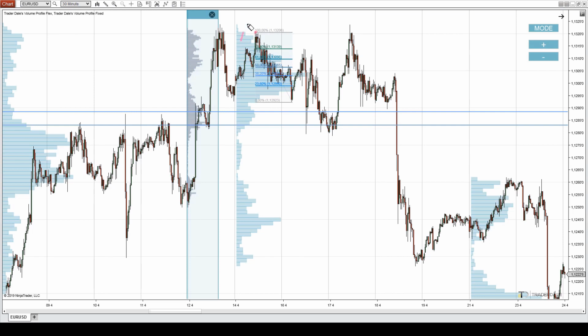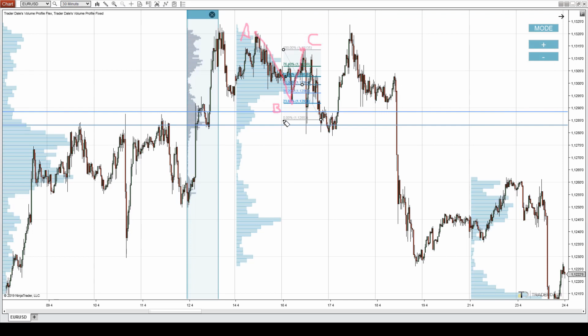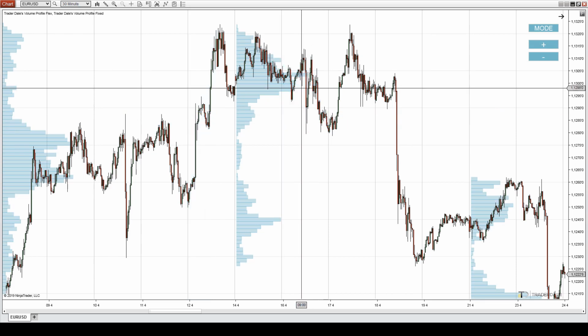So this would be A, this would be point B, this would be point C. Now you move it like this, and this would be point D, a little bit closer to the lower level. So I would probably tend to take the trade in here. Alright, but as you can see, all those setups confirm this general zone as a strong support. And that's what I want to demonstrate on this video.